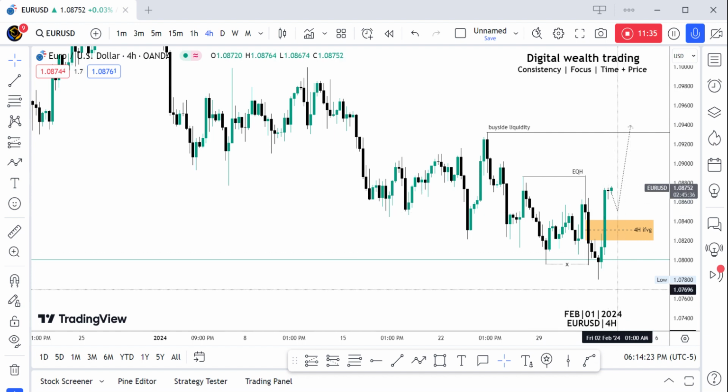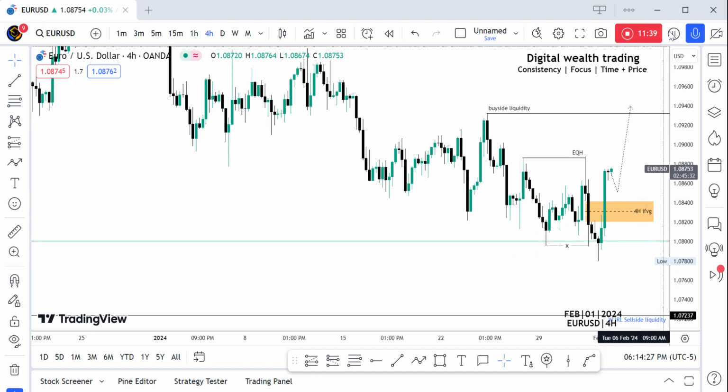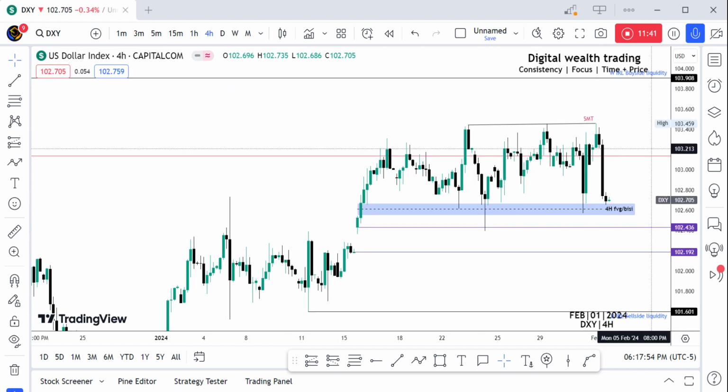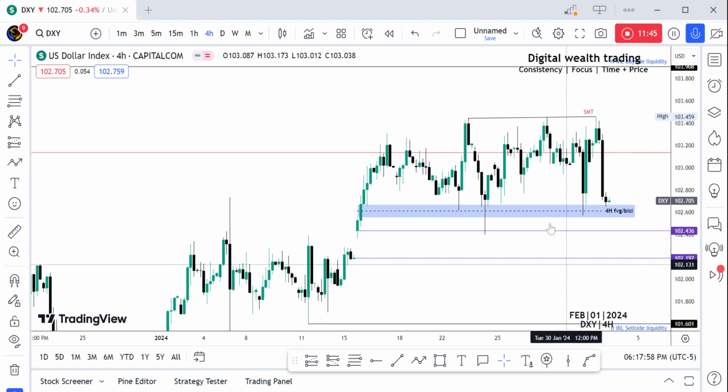Let's go to the dollar index and see what we can say about that. This is the 4 hourly contract on DXY, and right now we can see a lot of big volume here, and I don't have any reason to fill up the void.